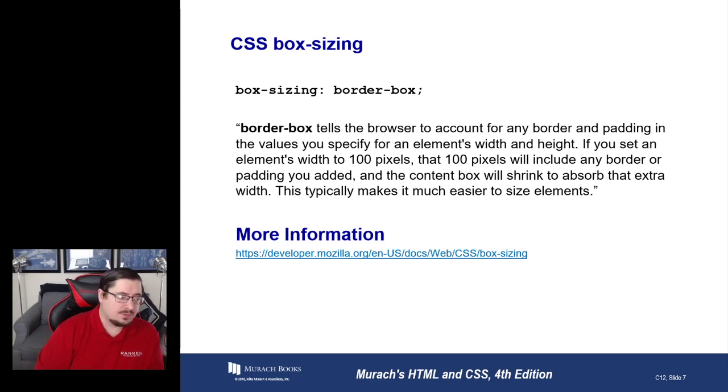There's a different option, and this is where this becomes really valuable, is I can say box sizing border box. So if I do this, if I change all of my elements over to box sizing border box, now width and height are not just specified as the size of the content, but it also includes the padding and the border, but not the margin.